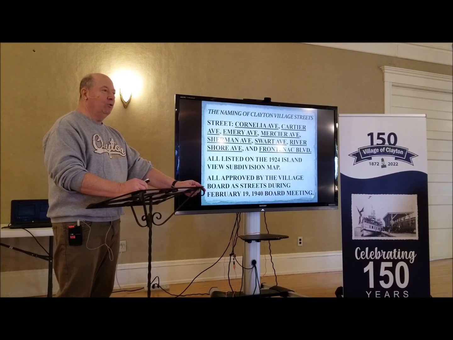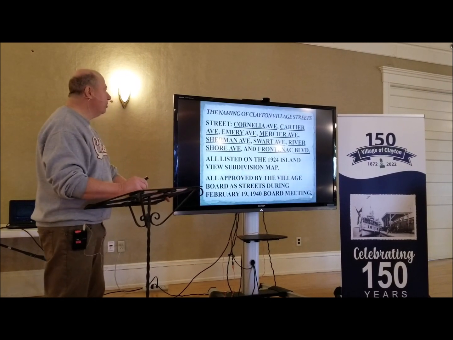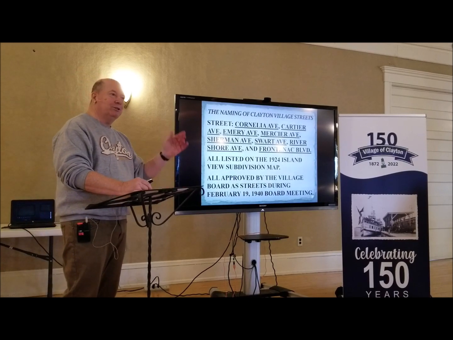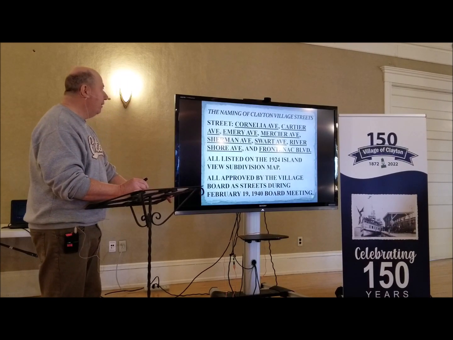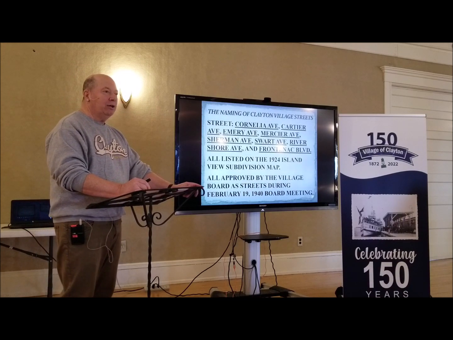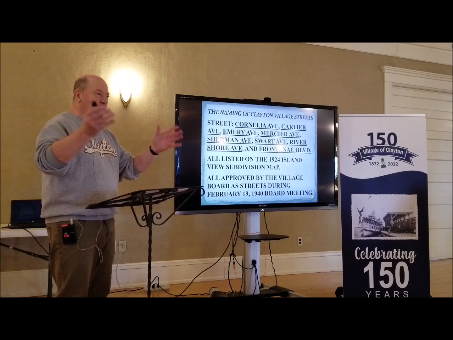And if you look in the Corbin book, you will see pictures of the Swarts in their meat store. River Shore Avenue goes because it's up along the river shore, and Frontenac Boulevard, after what Norm mentioned in his talk, you got Frontenac Springs, you got the Frontenac Hotel. Which one?